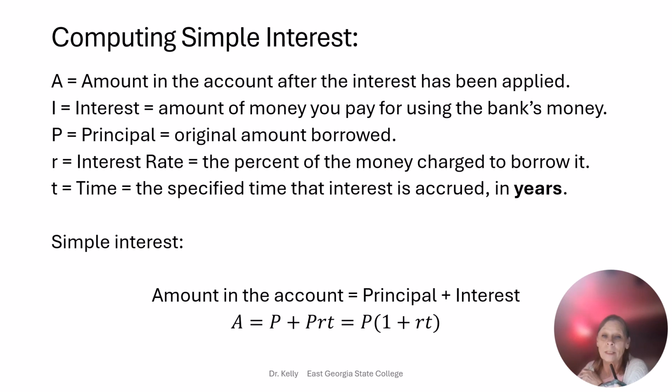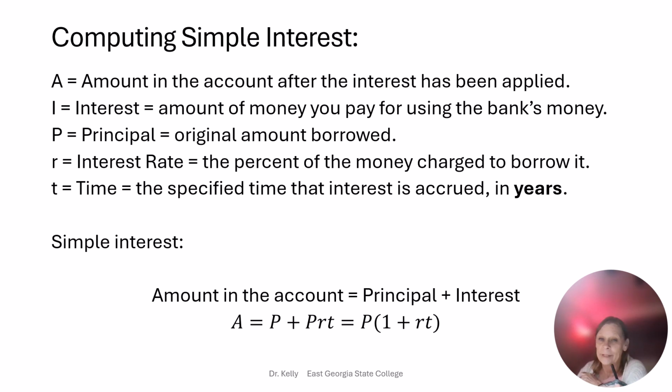When you have money in a savings account, the bank is using that money. They're basically borrowing that money from you, and that's why you get a little bit of interest if you're in an interest-bearing account. Anyway, the next variable is P, and that is the principal, the original amount borrowed.